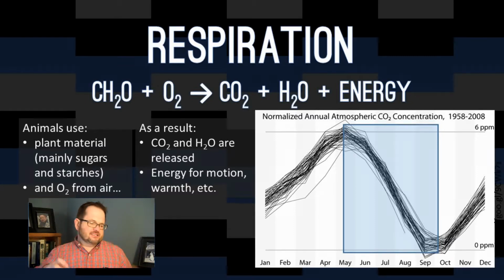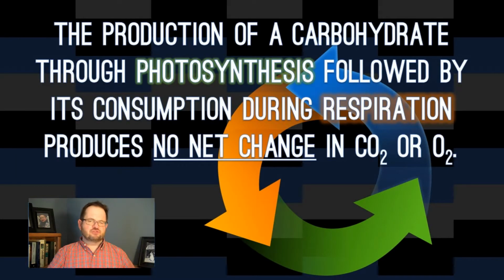We're summarizing it as saying that some kind of food from plant material, like sugars and starches, plus O2, which we are breathing in, yields carbon dioxide, water, and energy. Animals are using plant material and oxygen from the air to get back energy for motion and warmth and so on. That's respiration.